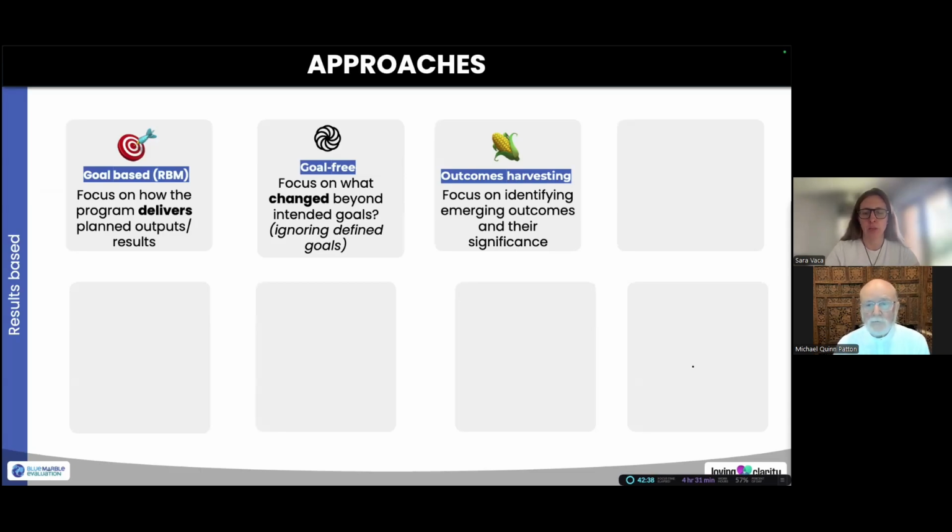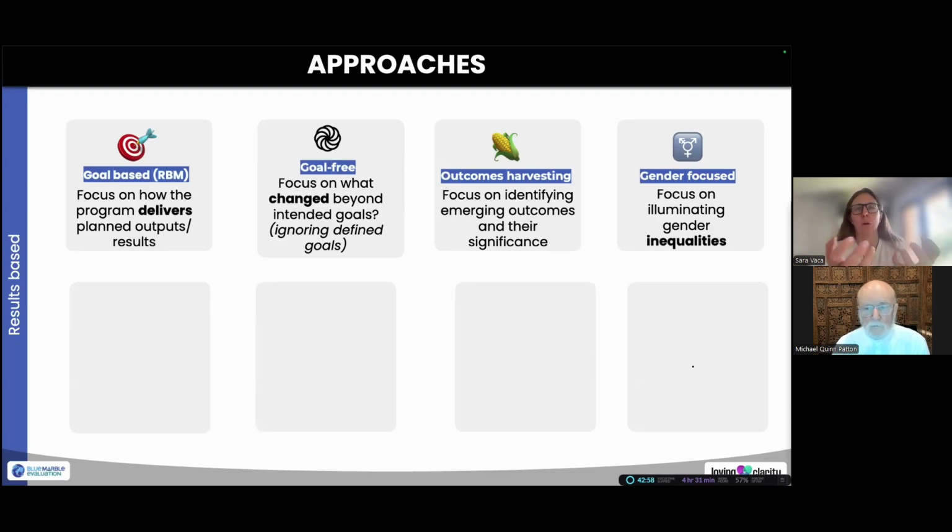Great. And now we have a particular case of results based, which is gender focused. This one focuses on looking into how the results were different for men or women, or how the program was different for men and women, right? And so part of that approach, in each of these, is identifying something that's especially important.